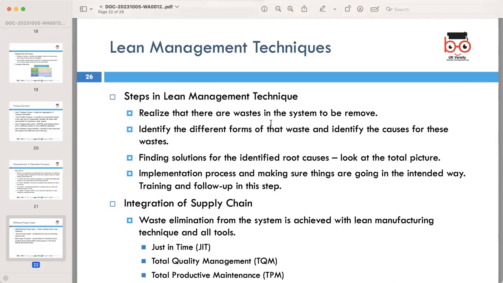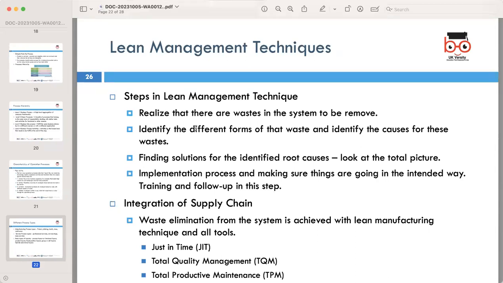The steps involved are: realize the existence of waste, then identify different forms of the waste. Once waste is recognized, the next step is to identify the various forms it can take within the process. This involves categorizing waste types and understanding where they occur.